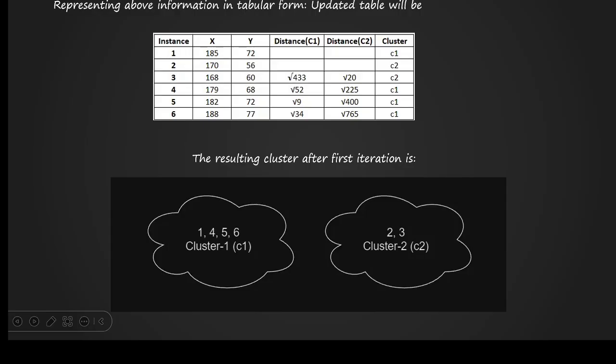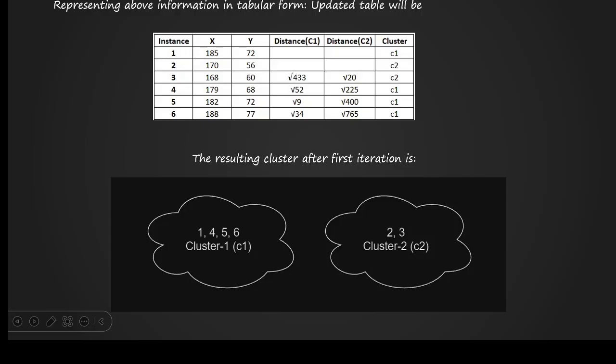So this will be our resultant distance. We can see clearly that C1 and C2 are themselves clusters. Instance 3 is going to belong to C2, instance 4 is going to belong to C1, instance 5 is going to belong to C1, and instance 6 is going to belong to C1. So after the first iteration, the result will be like this.